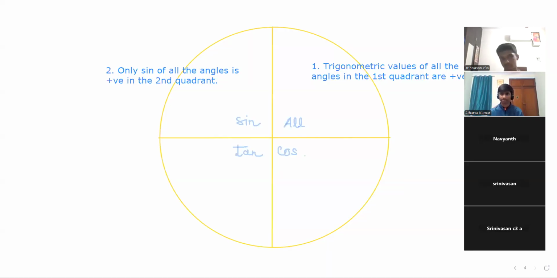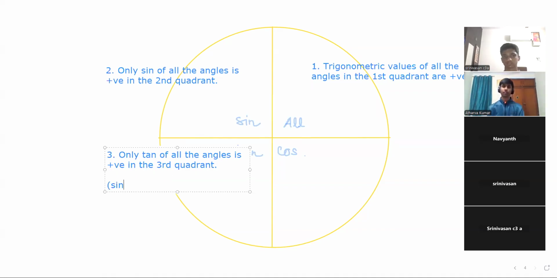Okay, that's it. So the third is only tan of all the angles is positive in the third quadrant. Okay? Here I'll just mention which are negative, right? So that you don't get confused.